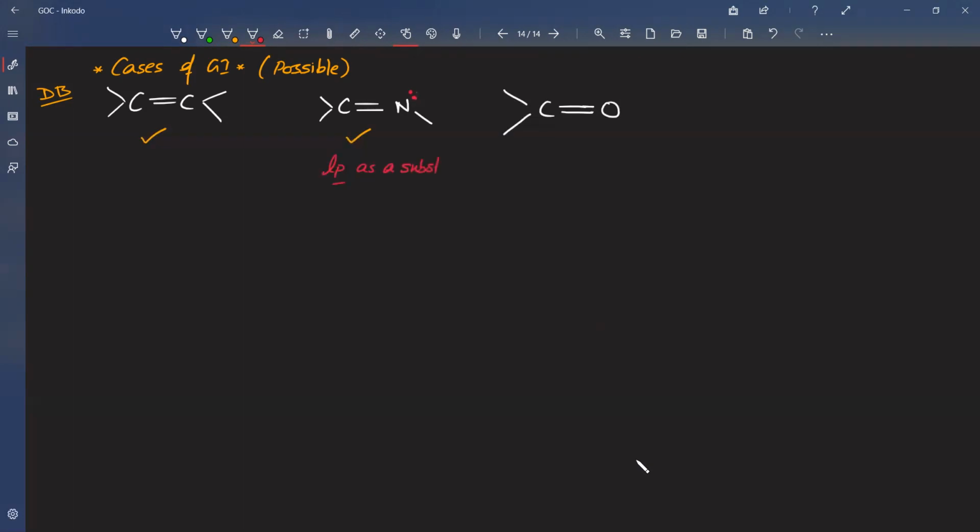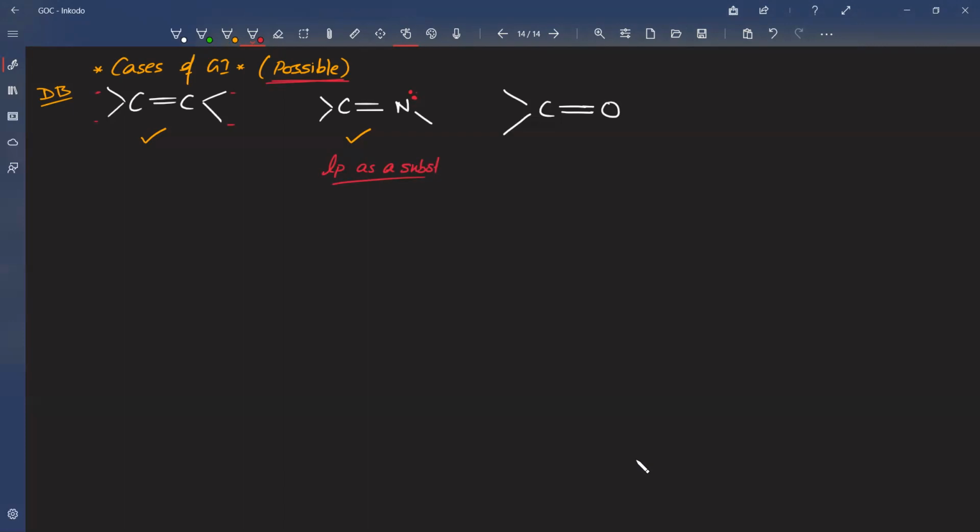Now I'm asking whether there is a possibility of geometrical isomerism here or not. Again, only possibility. We don't know the substituents here, so we can't say anything about that. We cannot be sure about this, so we say it may be possible, right?